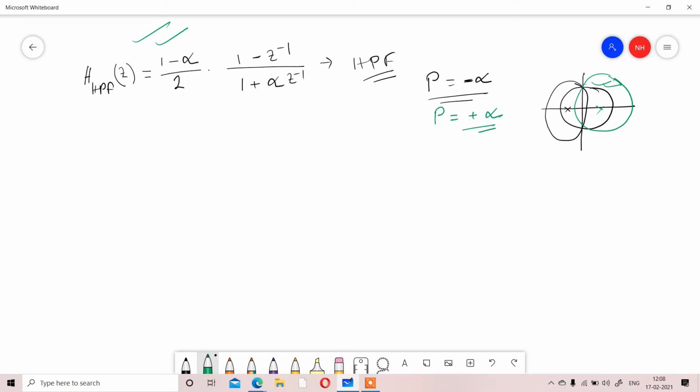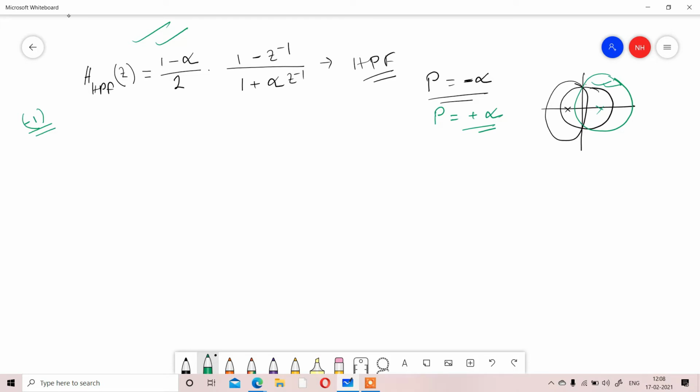So what should we do? We will simply multiply that by a minus 1 multiplying constant to the DC coefficient.